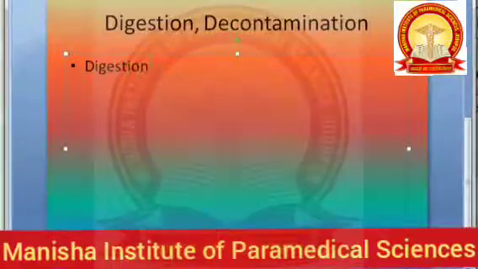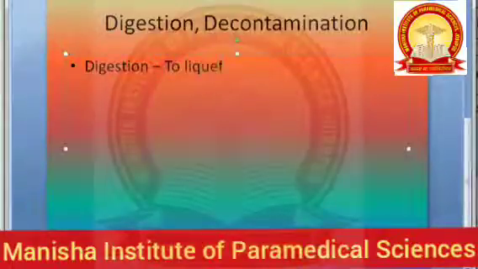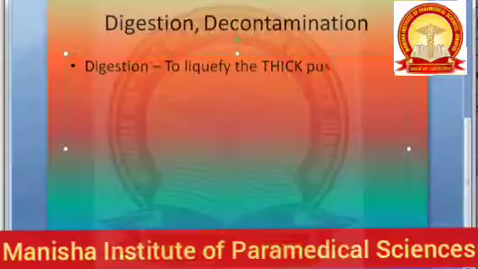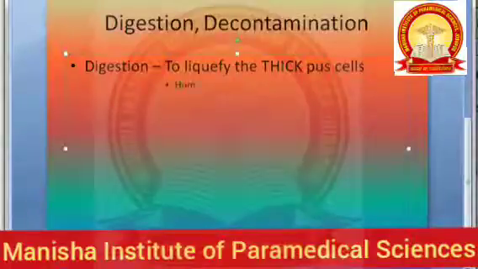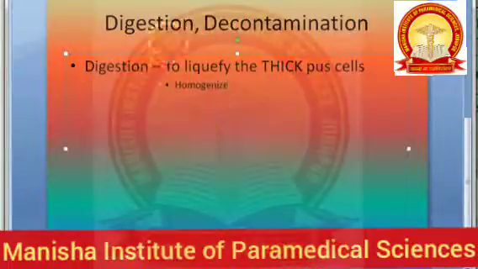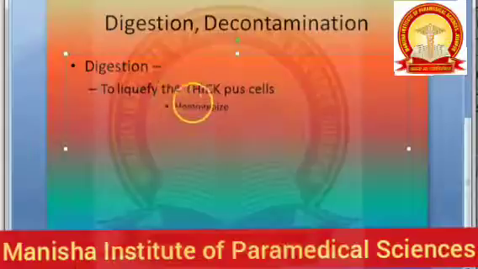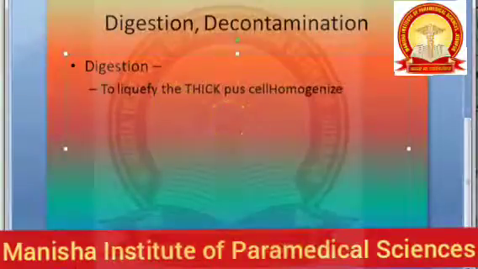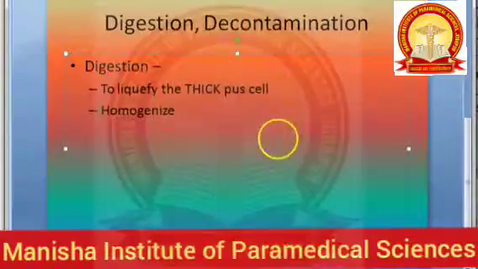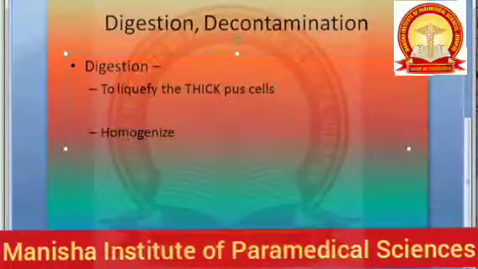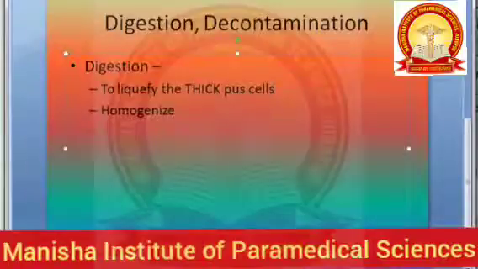In digestion, what you are trying to achieve is to liquefy the thick pus cells, and you also want to homogenize it. Okay, is this clear why you are trying to digest it?